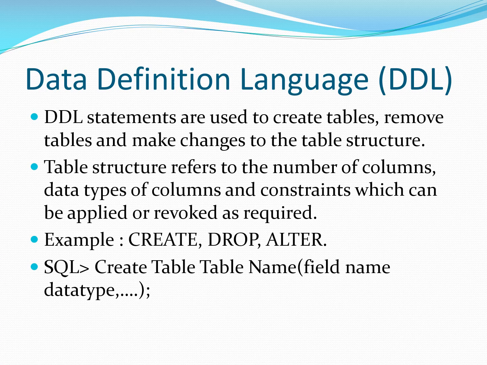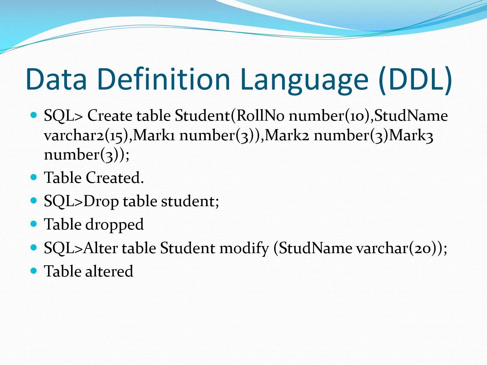So when we use it in the SQL prompt, we have to create a table. In order to create, we use create table and table name by giving the field name and its data type. There can be any number of field names with their required data type. The example is create table student.